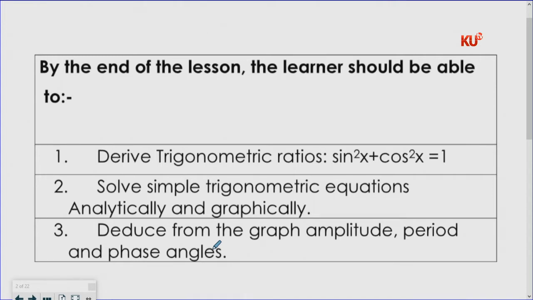Objective number 2, you should be able to solve simple trigonometric equations analytically and graphically. And finally, the third and last objective, you should be able to deduce from the graph the amplitude, the period, and the phase angle.